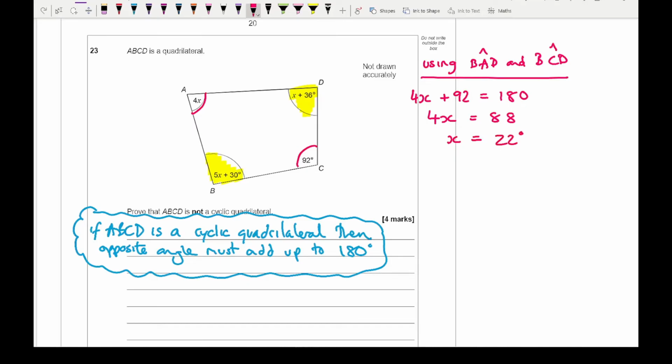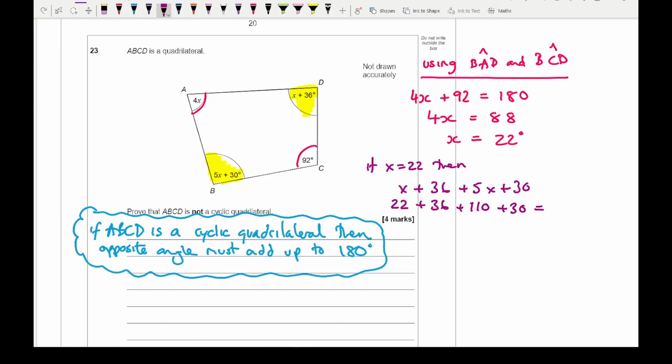So now if that is the case, then if x equals 22, then x plus 36 plus 5x plus 30. Now if I substitute x equals 22 into them, we'll get 22 plus 36 plus 5 lots of 22, which is 110, plus 30.